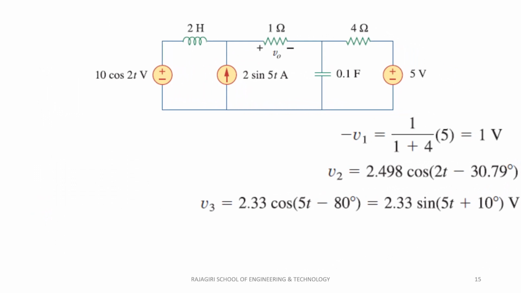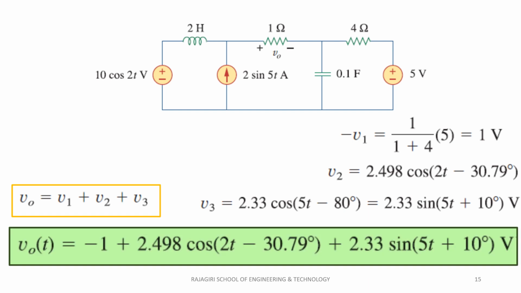Having found the effect of the 3 independent sources on the voltage across the 1 ohm resistor, we algebraically add them in the time domain, that is, V is equal to V1 plus V2 plus V3.